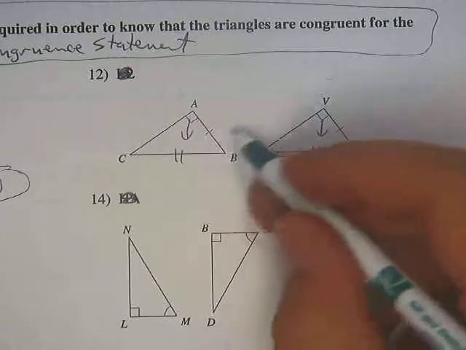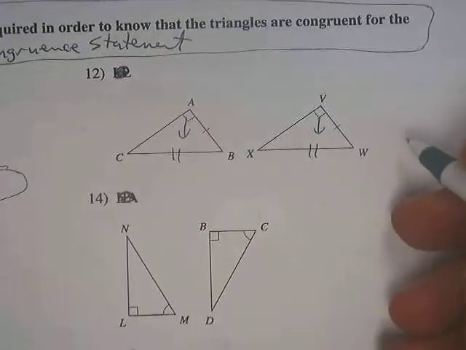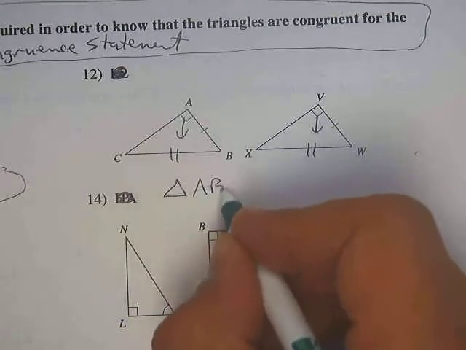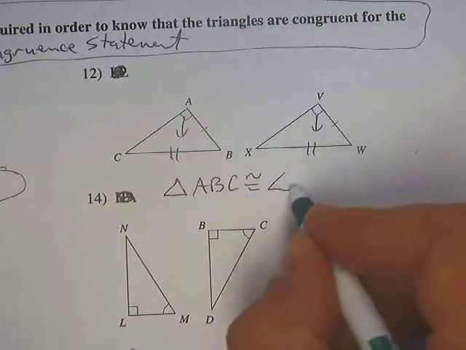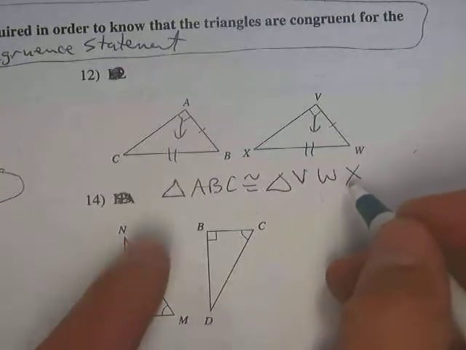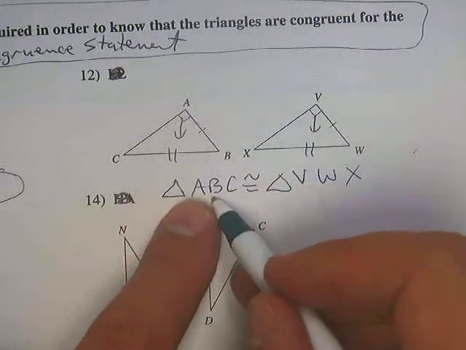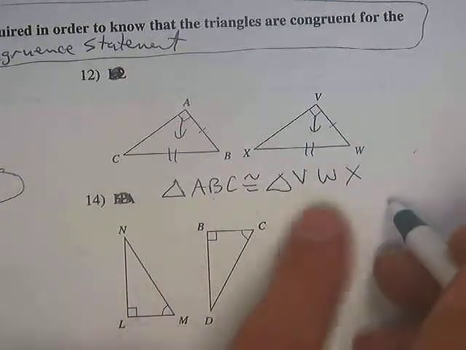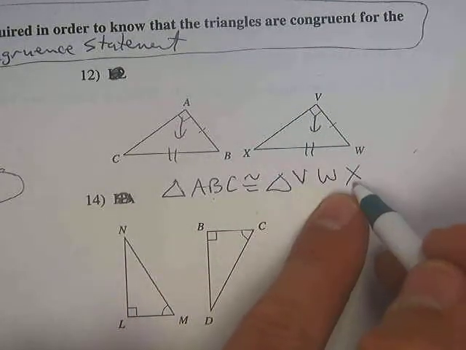All right, let's look at number 12. To be hypotenuse leg, these hypotenuses would have to be congruent, and these legs would be congruent. So we're going to write congruent statement. Triangle ABC is congruent to triangle VWX.